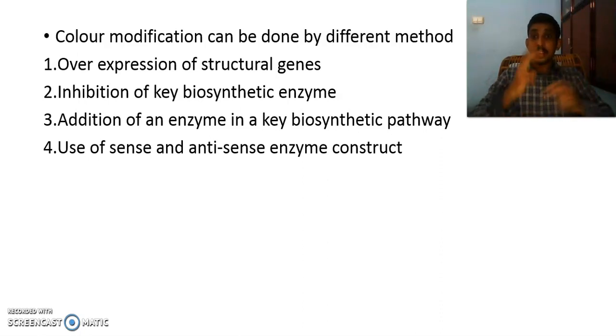That cell contains two gene copies. One is already present in the plant and the other one is the inserted one. So if a plant contains more than one gene copy, that leads to the inhibition of all the genes.